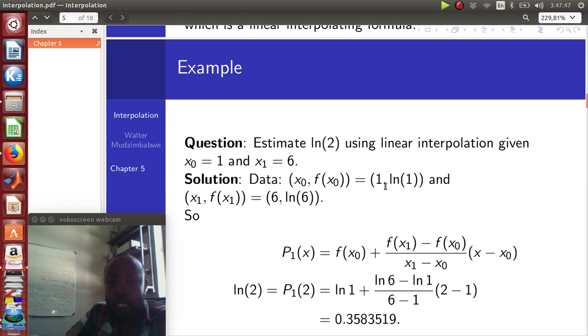So here's the data, the x naught, the x1, and the corresponding values of f. Our f is log 1 corresponding to 1, and here you have log 6 corresponding to 6.